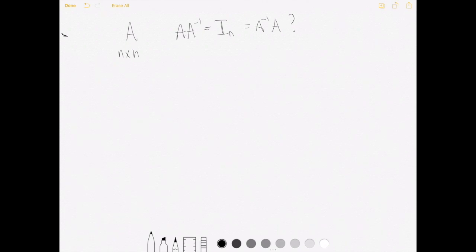Does there exist some matrix A inverse with such a property?